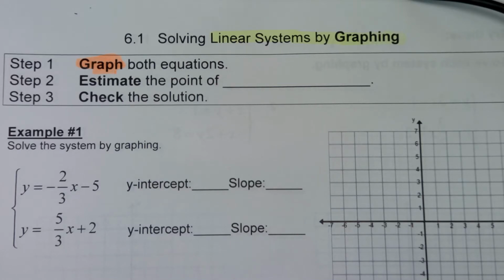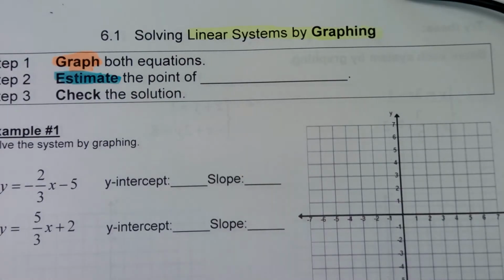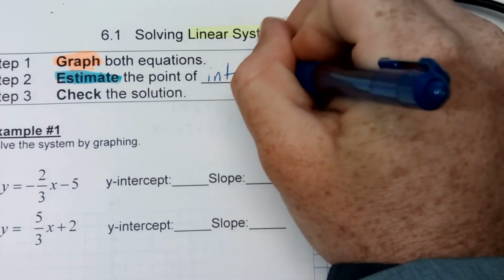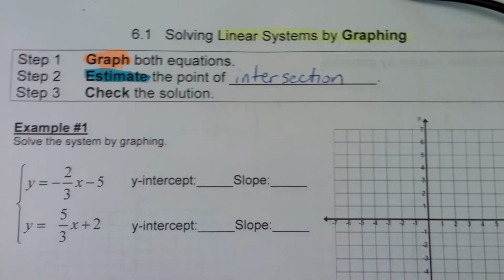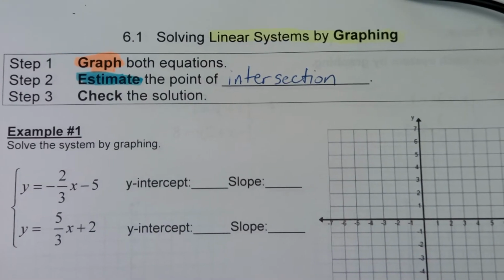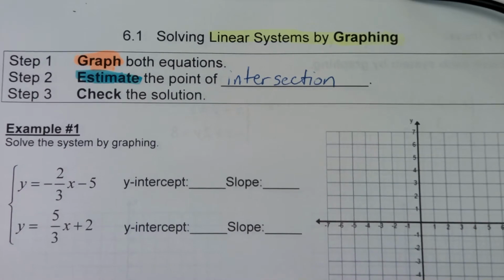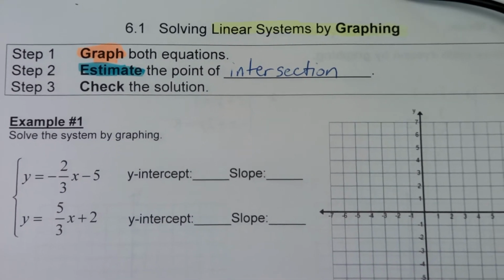And the word that goes in that blank is intersection. So we graph both equations, estimate the point of intersection, and then we check the solution in our equations. Once we find the solution, we plug it back into one of our equations and check to make sure we got our answer correct. Okay, so example one, we are just graphing these and figuring out where they intersect.